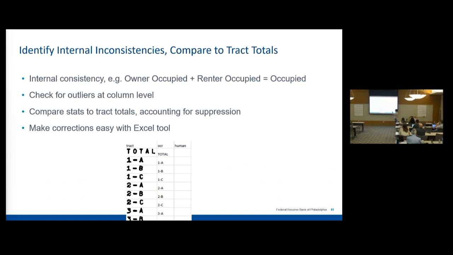And then I think another key thing is to make any corrections that you're doing easy. So we built a little Excel tool, basically, that is generated with Python. You can just grab the image of the character or cell that you're trying to correct, what your guess is, and then a human can go through pretty easily and correct those.